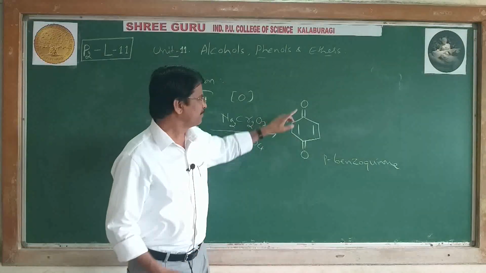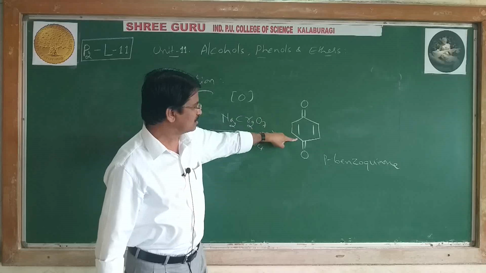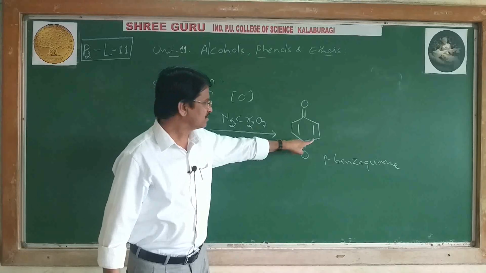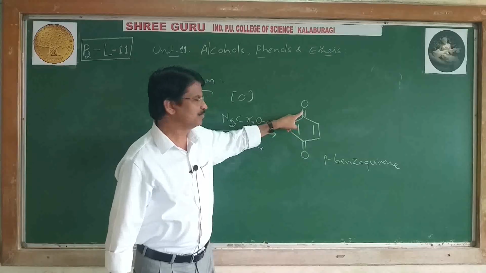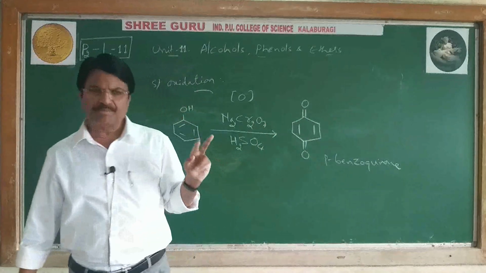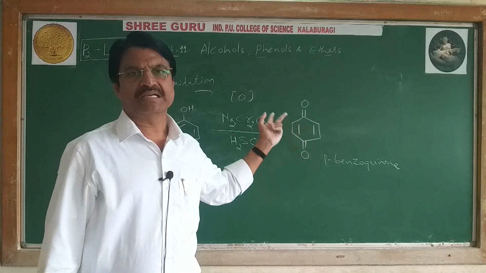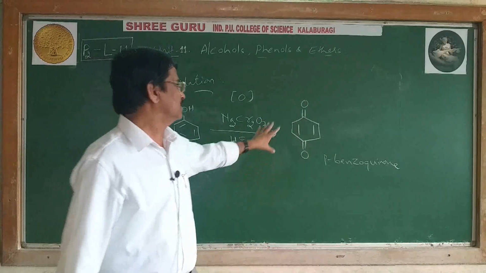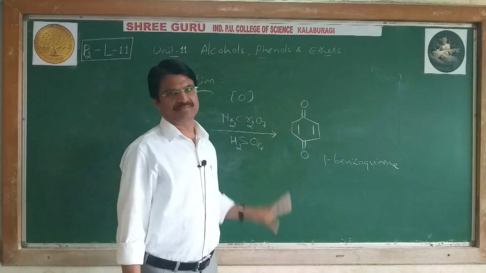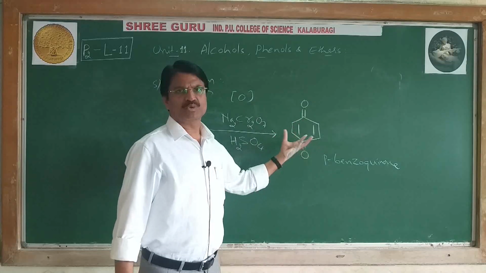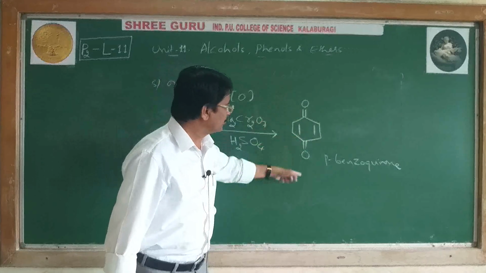It is said to be a conjugated diketone. Why is it called conjugated? Double bond, single bond, double bond, single bond, double bond. Again here single bond, double bond, single bond, double bond. If double bonds are in alternate positions, then it is said to be a conjugated system. Then it is a conjugated diketone, and such compounds are called quinones. These are at the 1,4 position.